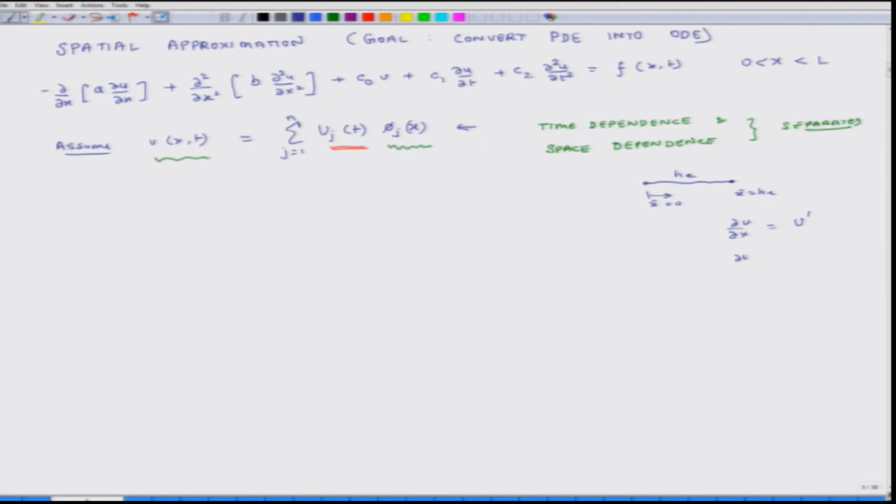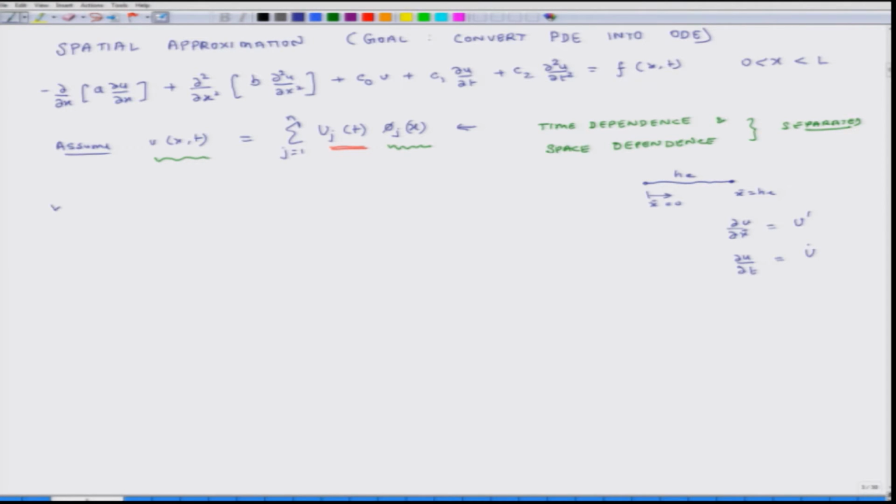Similarly, if I have del u over del t, then I may express it as u dot. And specifically I am going to express not x, but del u over del x bar, because my local coordinate system is in terms of a variable x bar.